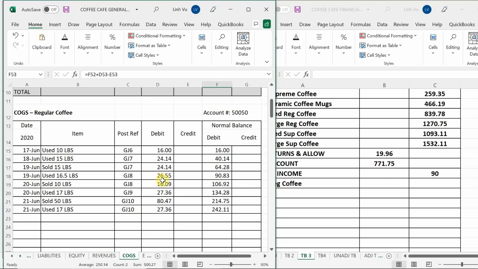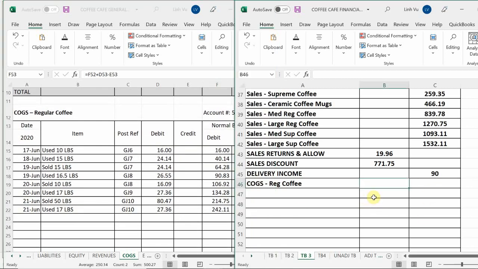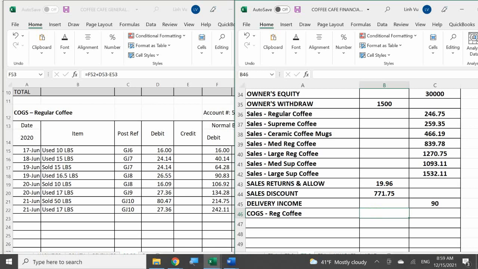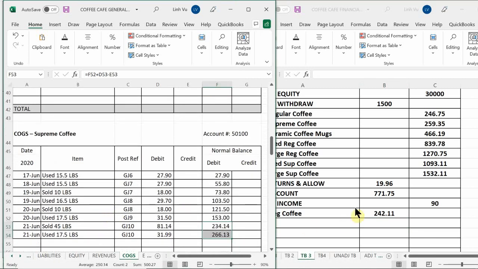How much is my account balance here? 242.11. Okay. Then we have cost of goods sold for supreme coffee.